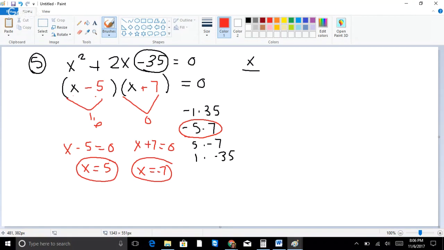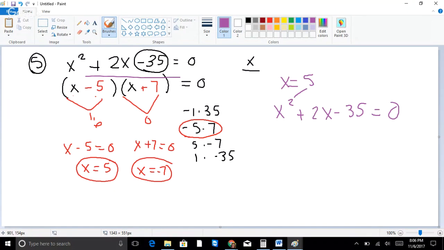All right, so there's a couple ways to check your work here. One is, and we didn't do this last time, I could just put it in. So I'm just going to pick one, x equals 5, okay? And remember, this is my original equation. So x squared plus 2x minus 35, I want it to be equal to 0, okay?